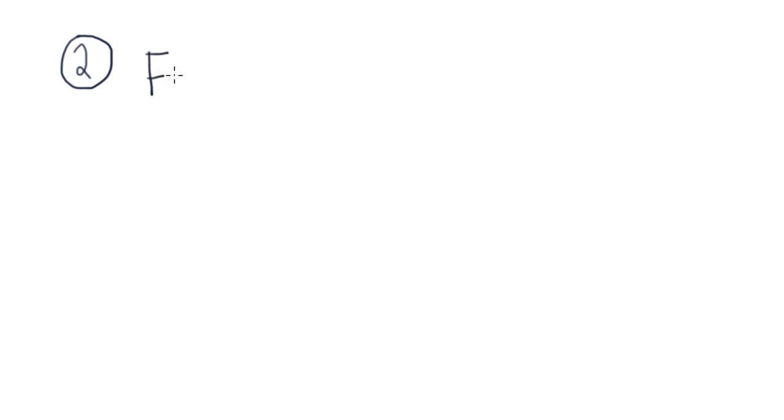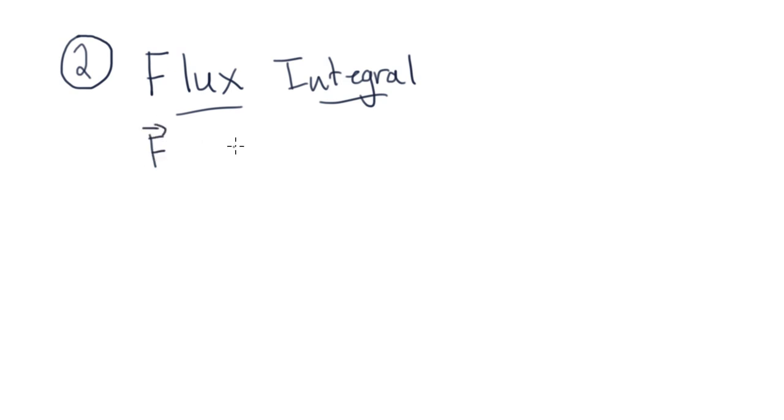So the next integral that we're going to talk about is a flux integral. And this really will be a little bit different than just a typical line integral. And you'll see what I mean. But the setup is exactly the same. We have a vector field, and we have a curve that is simple, closed, positively oriented.